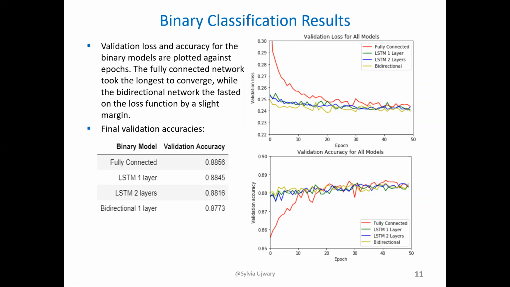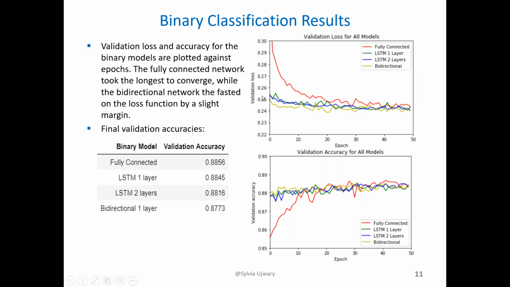So the results for the binary classification basically look like this as a function of epoch, where the y-axis is validation loss. So you can see that the fully connected layer takes a fair bit of time to catch up with the other ones.